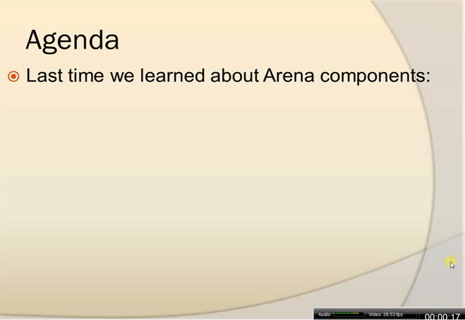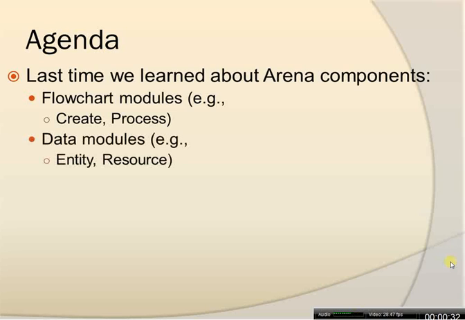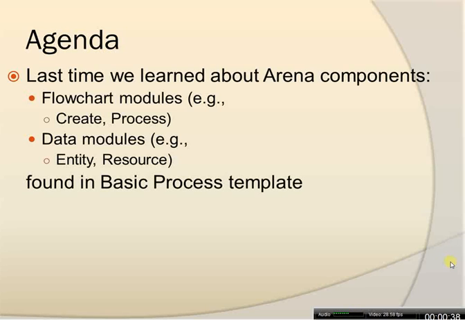Recall that last time we learned about Arena components and we talked about two types of modules in Arena, Flowchart modules and Spreadsheet modules. The Flowchart modules were Create and Process, and the data modules are Entity and Resources. Of course, there are many more modules, but those are just a few of the modules that we learned from the Basic Process template.